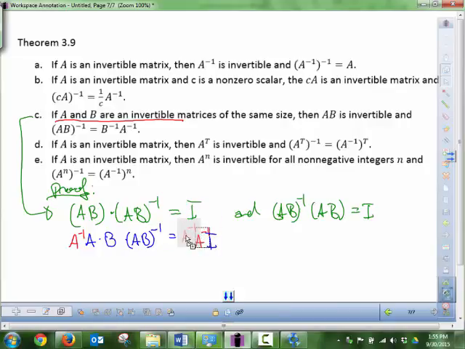A inverse needs to be in the front. Since I'm multiplying the left-hand side by A inverse on the left, I have to multiply the right-hand side by A inverse on the left.